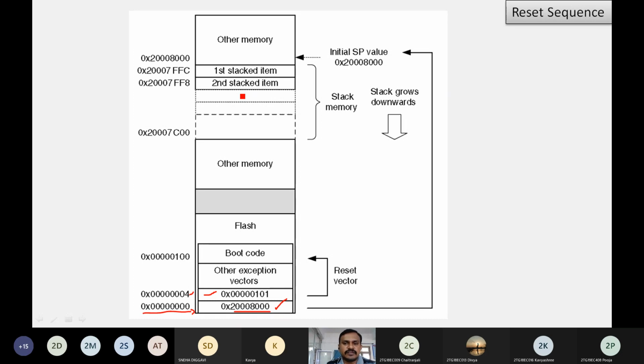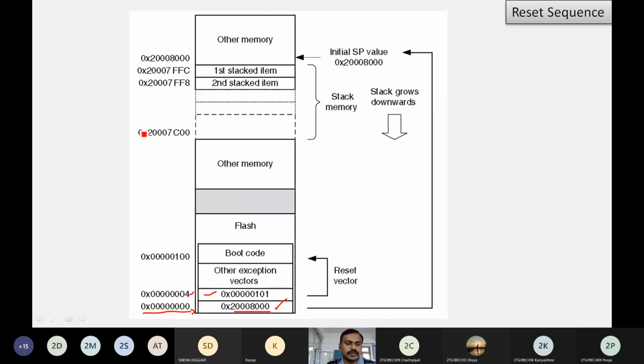So once the reset is activated, one thing to find is the stack memory and another is the code memory. The stack memory address is available at the 0th address.